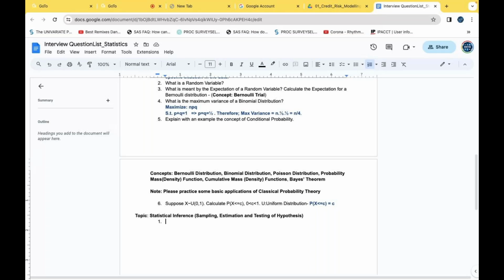Okay, so first let me start off with some basic concepts, right? One of the questions they often ask is, explain the concept of random sampling.